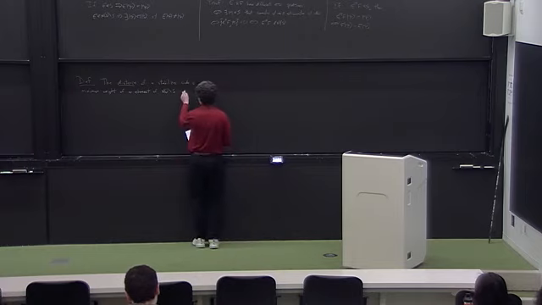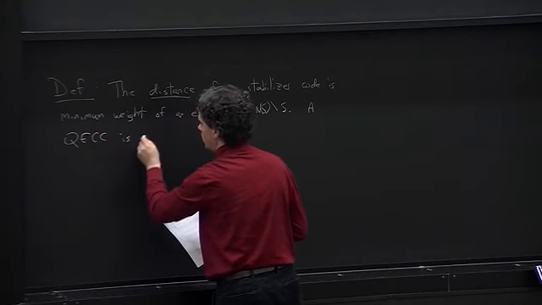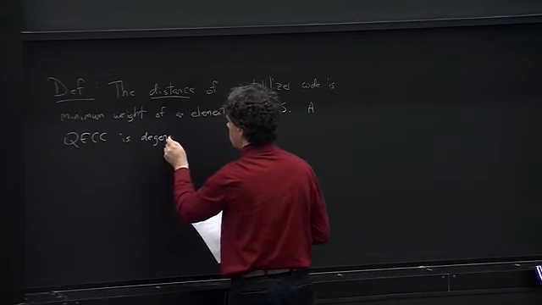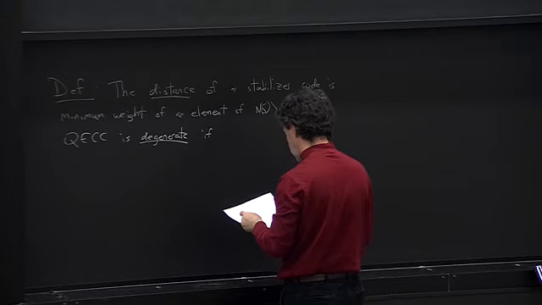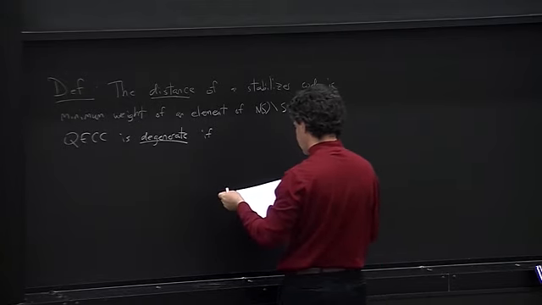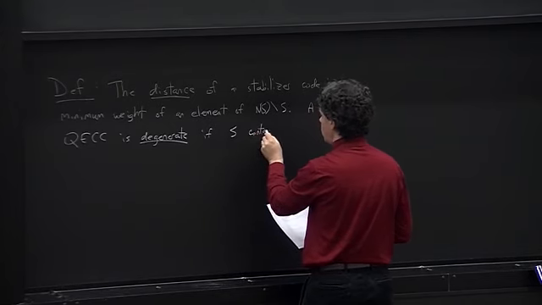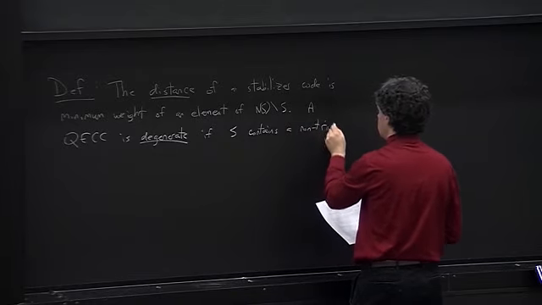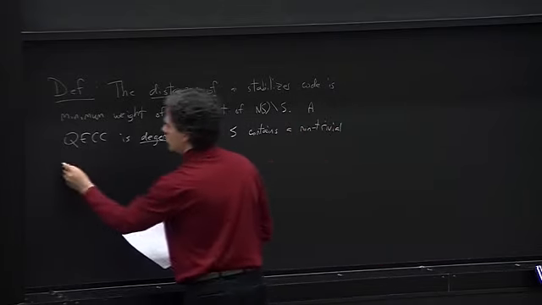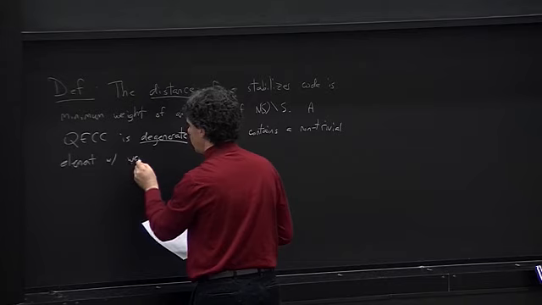And we say a quantum error correcting code is degenerate if S contains a non-trivial element with weight less than the distance.